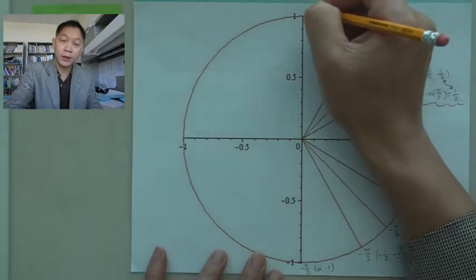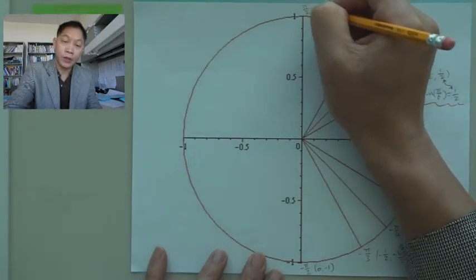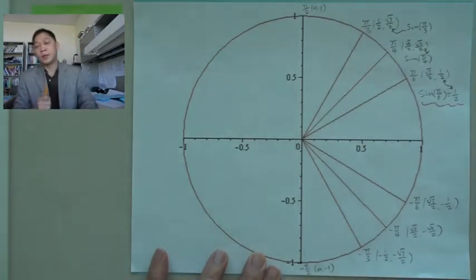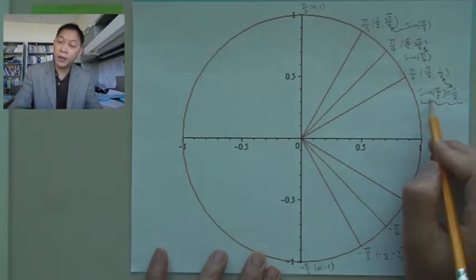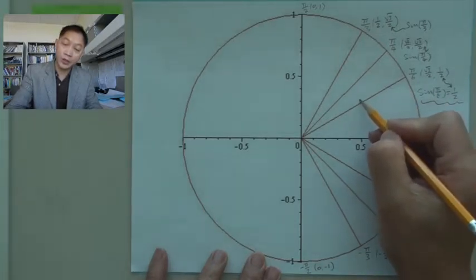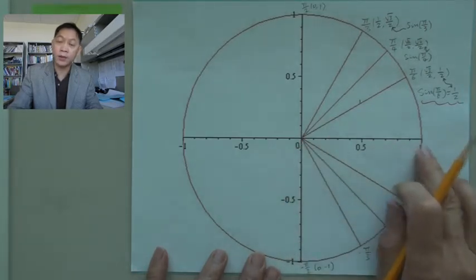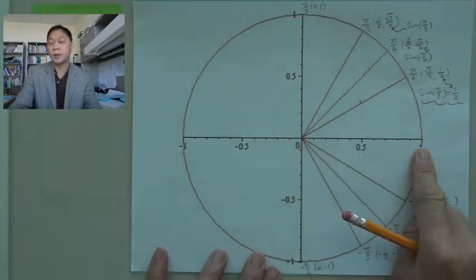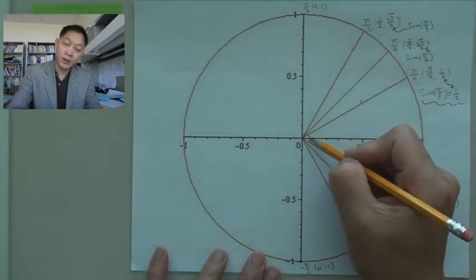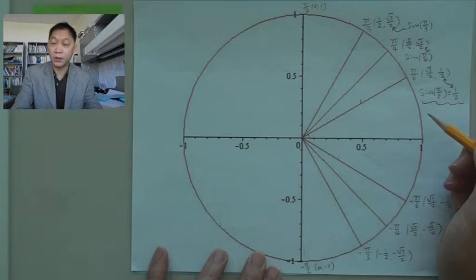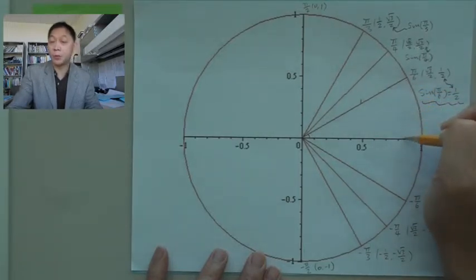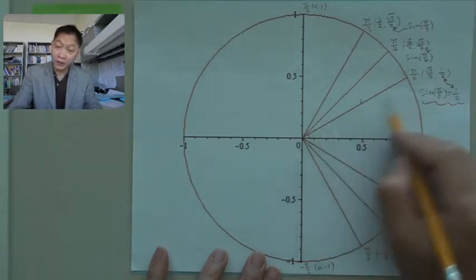And here is pi over 2, and the coordinate is (0, 1). You can see clearly that sine 30 degrees is 1/2, because in a unit circle the radius is 1. If here is 30 degrees, pi over 6 is 30 degrees, then you know this will be 1/2 of this radius.